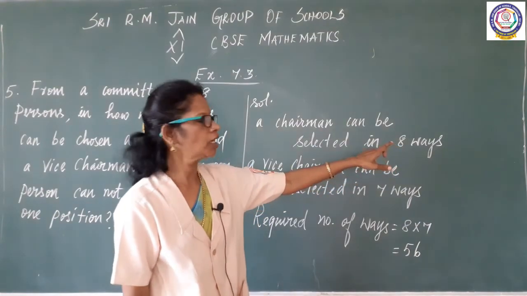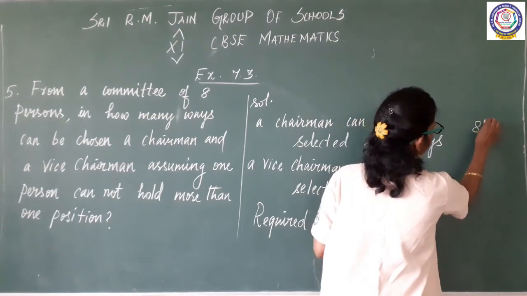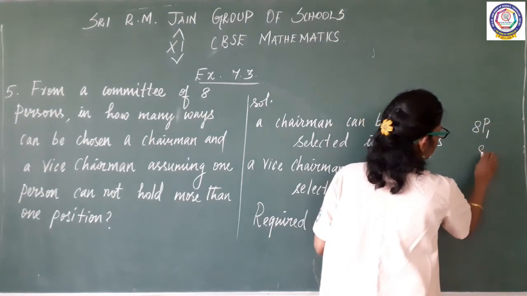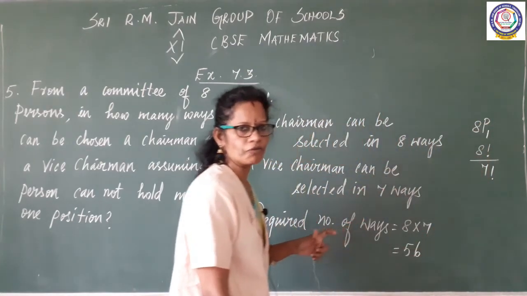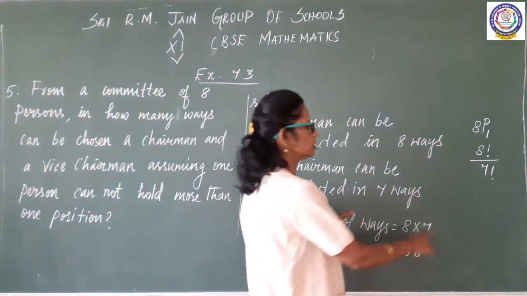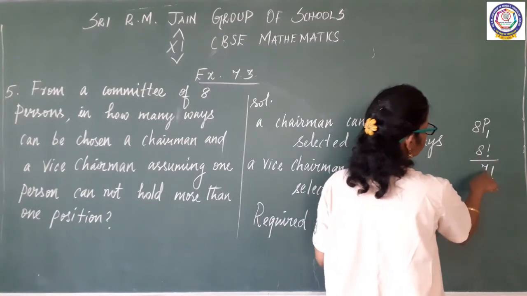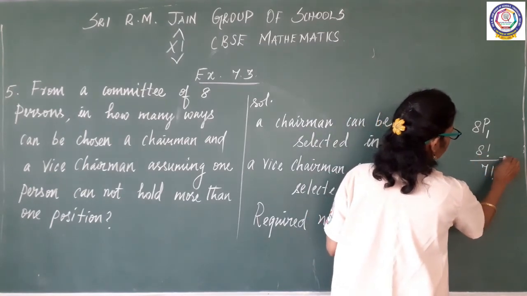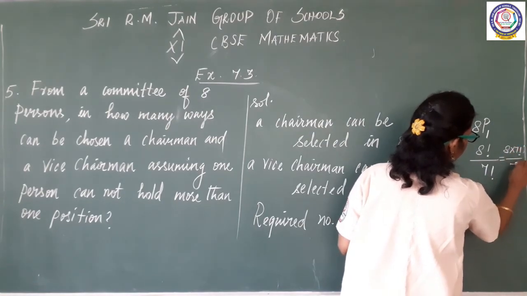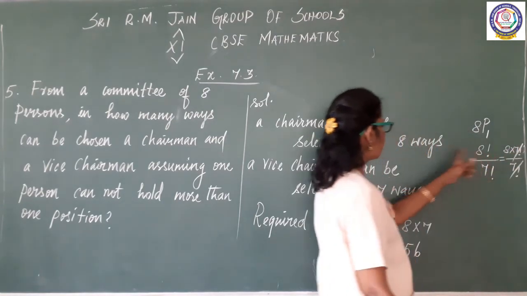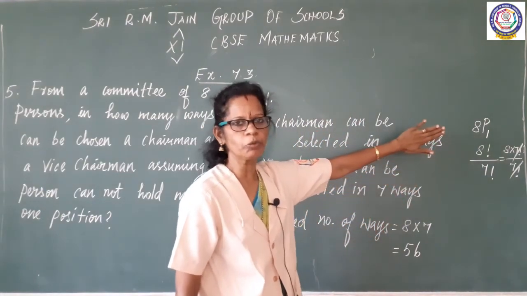I can express 8P1, right? It can be written as 8P1. That means 8 factorial divided by 7 factorial. Out of 8 persons you are going to select 1 person, right? Using the formula also we can do this. 8 factorial divided by 7 factorial, which is equal to 8 into 7 factorial divided by 7 factorial. That's why I wrote 8 ways. The same way, one person has been removed from the task.